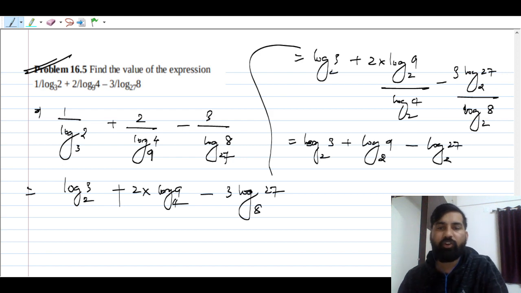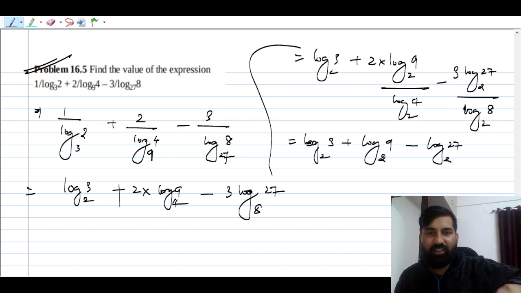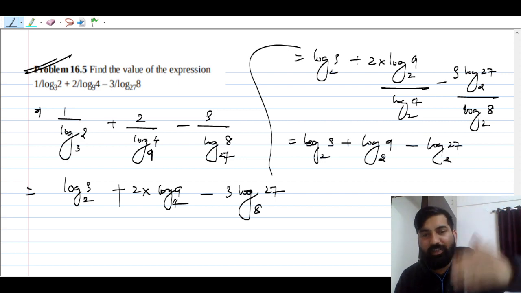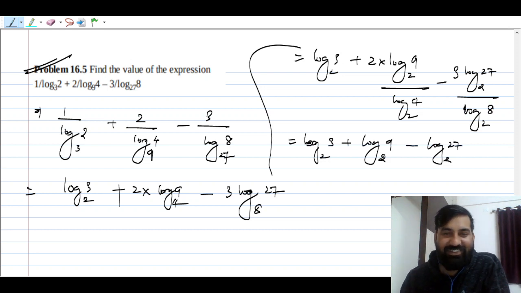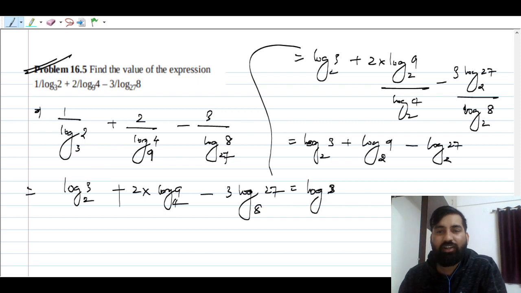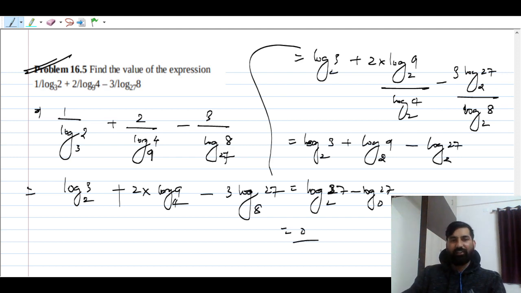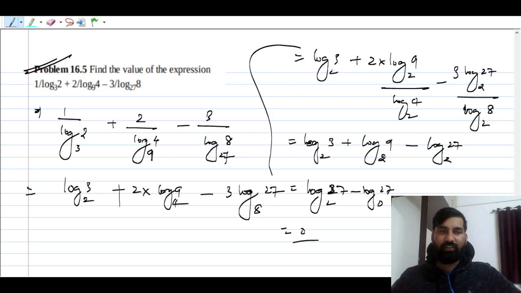Okay, because you know that log 8 base 2 is 3, कैंसिल हो जाएगा. log 4 base 2 कैंसिल हो जाएगा. मैजिक. ठीक है, ये कितना आ जाता है? log 27 base 2 minus log 27 base 2 है, तो I think answer 0 आएगा. समझ आया क्या ये वाला? देखो 2-3 लाइन में आ गया. अगर आपको बेस चेंज रूल नहीं पता है तो you can't solve this question, forget that. ये CAT लेवल का क्वेश्चन है, आप समझ सकते हो, GATE में आ जाता है.